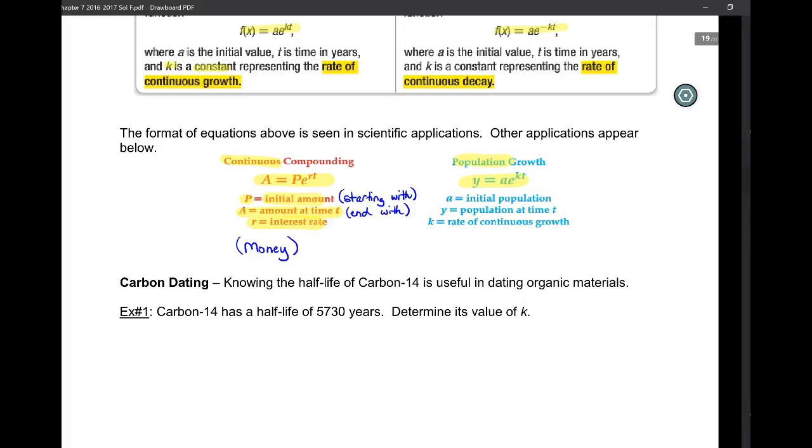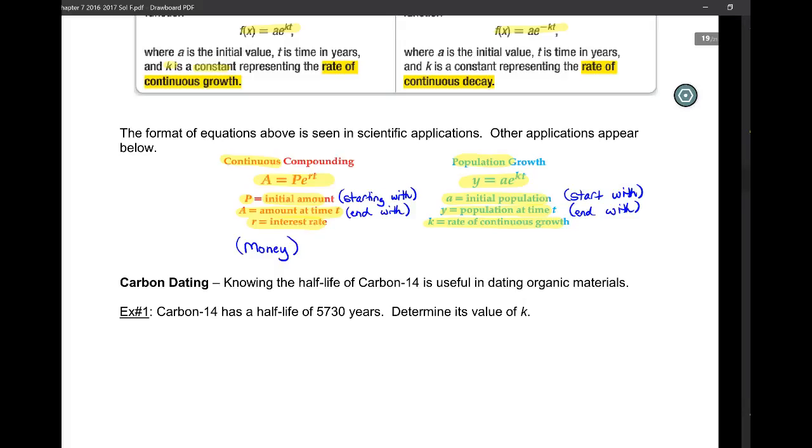For population, we're going to use A as our initial population. So same thing, right? It's like this is what we start with. And then we have Y. That's the population at time t, so that's what we end up with. And then instead of R, we just use the letter K for continuous growth.